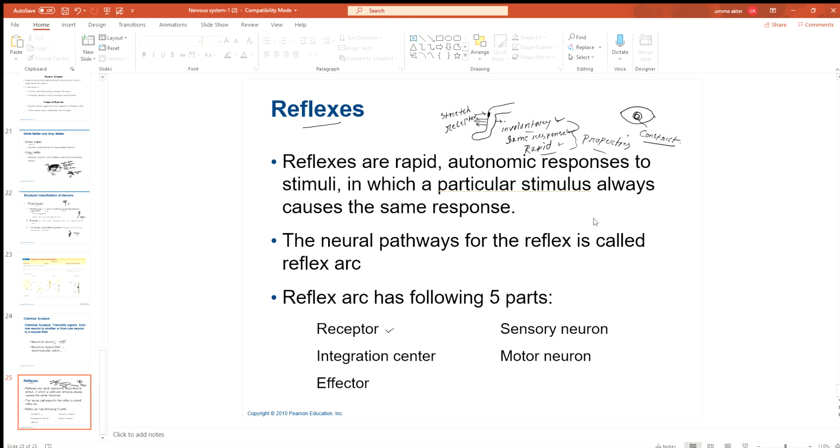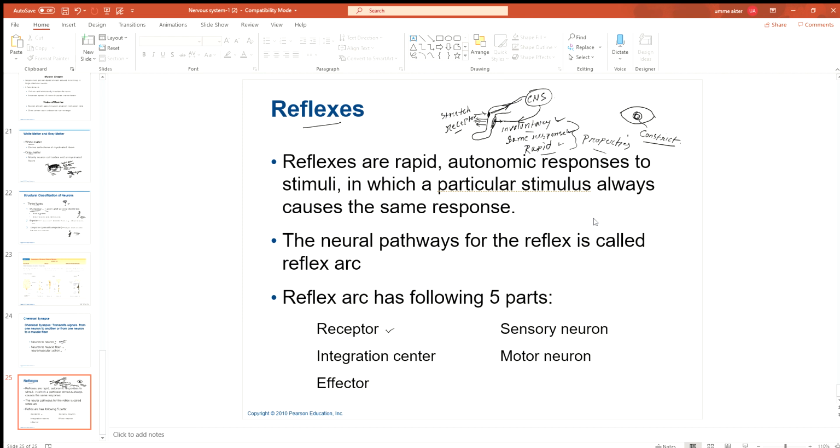Otherwise, the signal will not travel to the central nervous system. Okay, so sensory neurons, you already know, take the signal towards the central nervous system, where integration occurs, interpretation occurs. Then motor output comes out. We talked about this at the very beginning of today's lecture. So motor output, and the muscle moves the leg, that is the effector, performs the action, right?